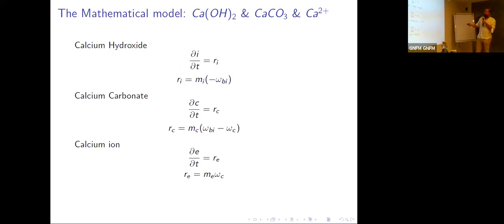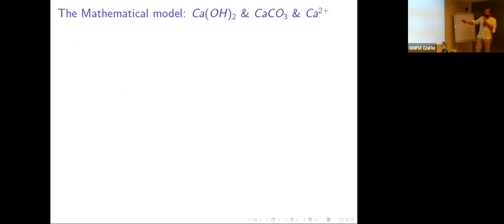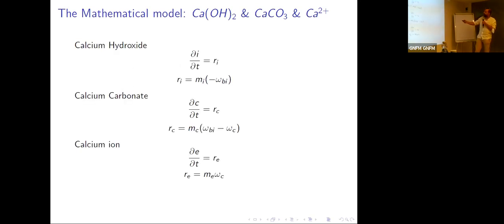In particular, calcium hydroxide is consumed only by reaction with carbonate, calcium ion is produced only by dissociation of calcium carbonate, and calcium carbonate is produced by this reaction, and it is consumed by dissociation.